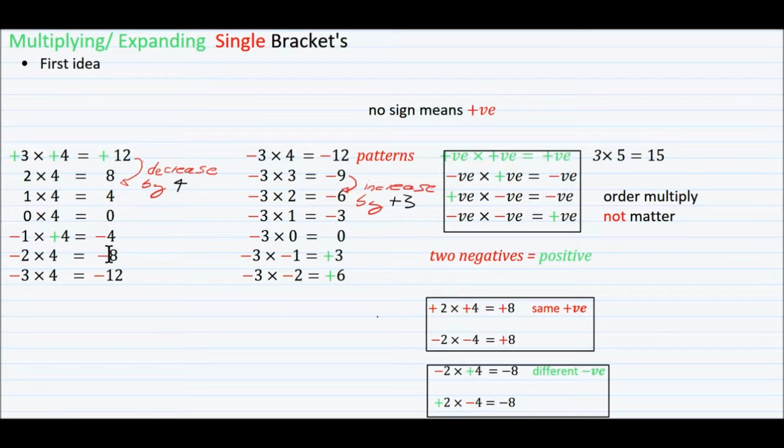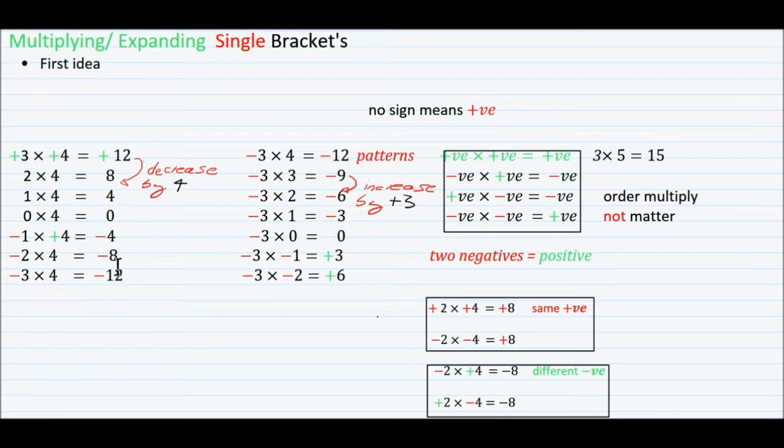The next number will be 4 less than minus 4, which is minus 4 take away 4, minus 8. So minus 2, because 1 take away 1 is minus 2. Minus 2 times 4 is minus 8. And minus 3 times 4 is minus 12.